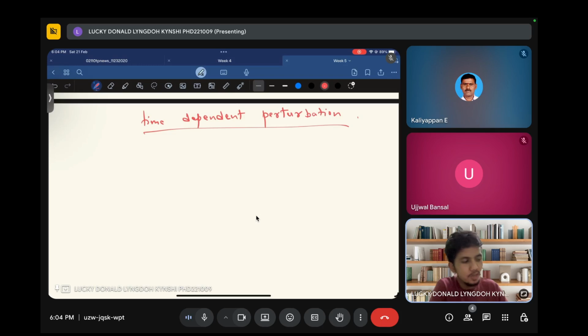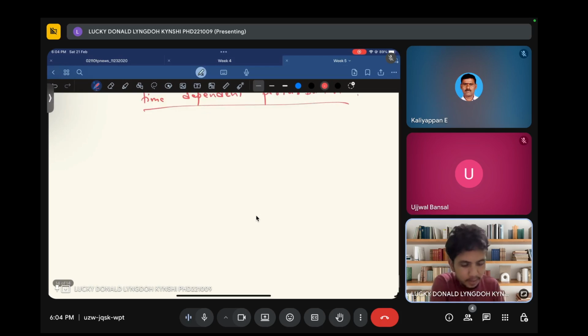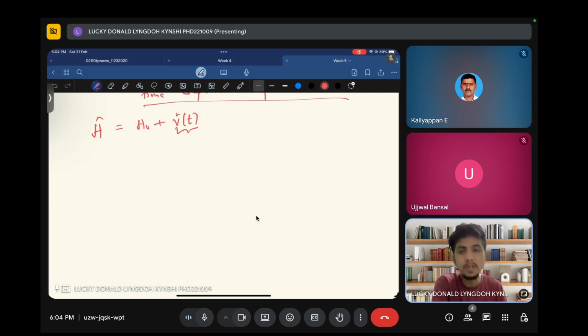That means it's changing with time. Okay, so what happens is that ideally your H is equal to H naught, the unperturbed Hamiltonian, plus V of t. You see, this perturbation potential here is a function of t. So H naught is time independent, that means it does not depend on time, whatever you get.